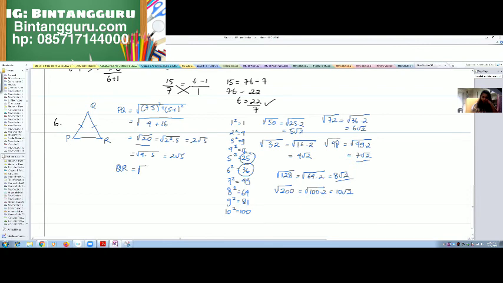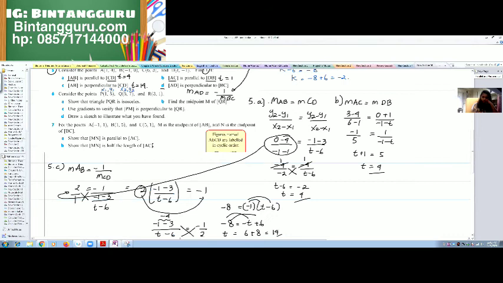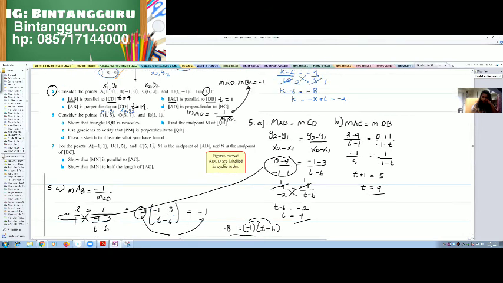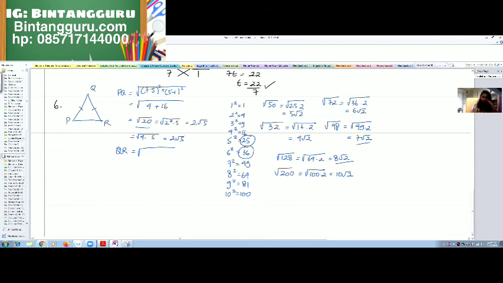So QR equals, I will fill it first. So 1 minus 7 and 3 minus 5, squared.